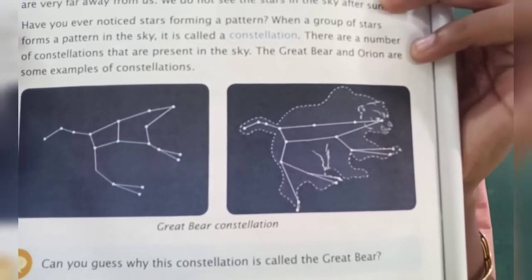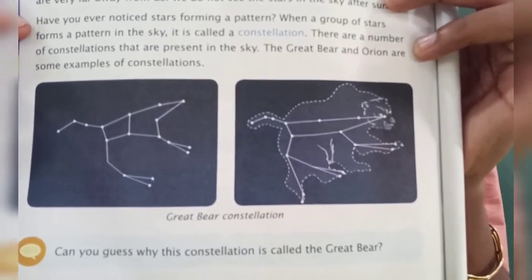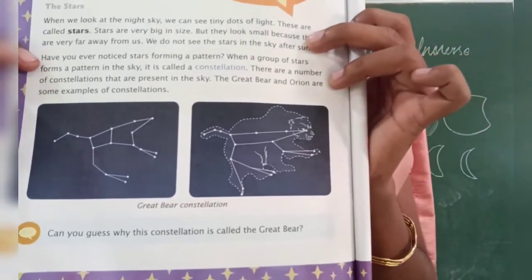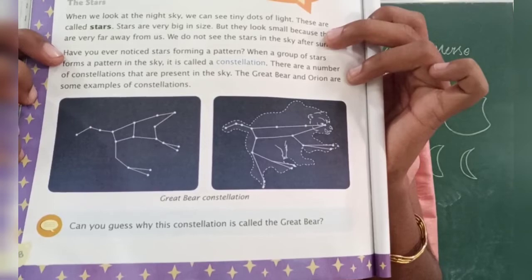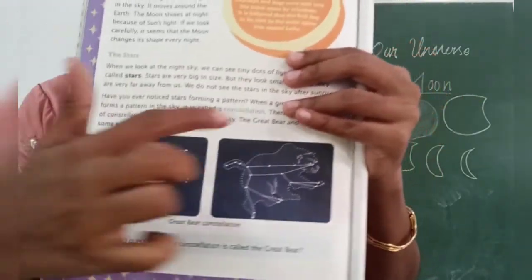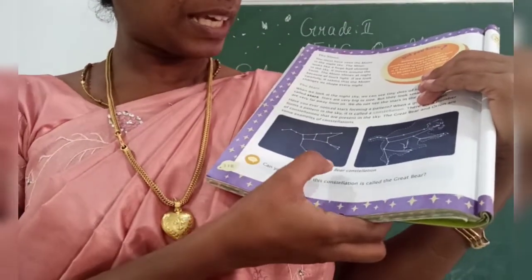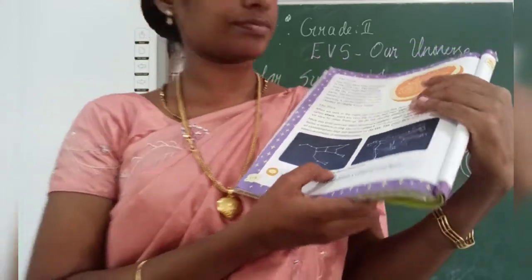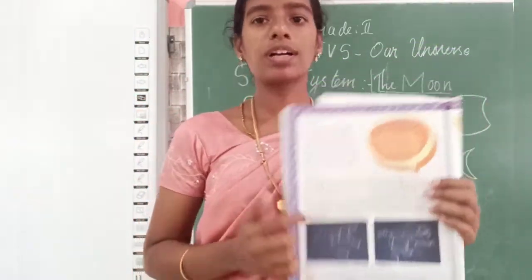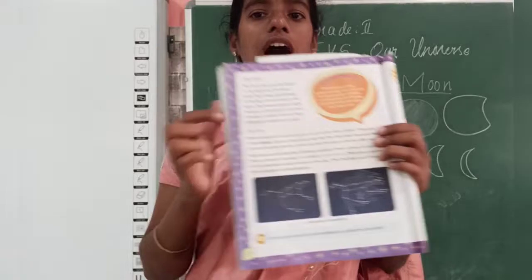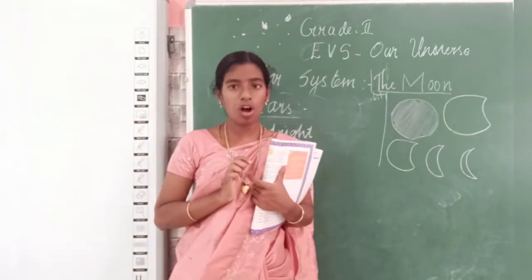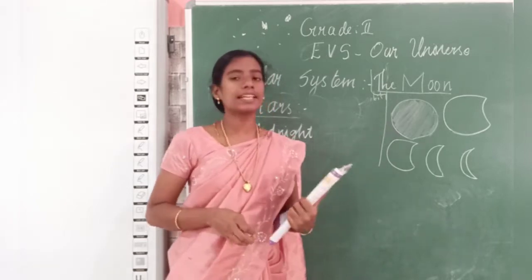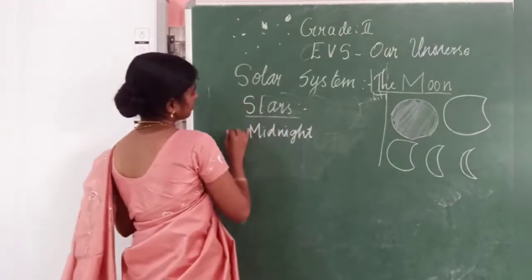Which pattern is it forming? It is nothing but called, what is that? Bear. It is forming the shape of a bear, right? It is the great bear. So, when the stars form some pattern in the sky, it is called a constellation. What is that?